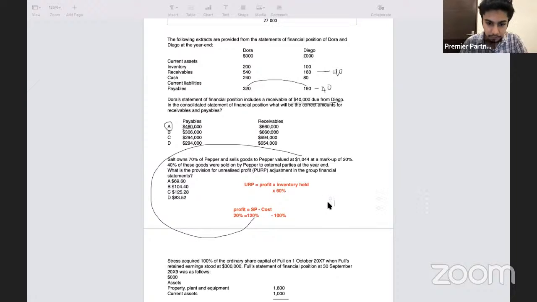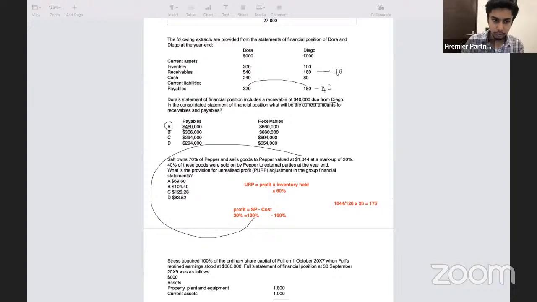So 1044 is represented by 120%. Divide by 120. We want profit now, so multiply by 20. So 1044 divided by 120, times 20, the answer is 174.